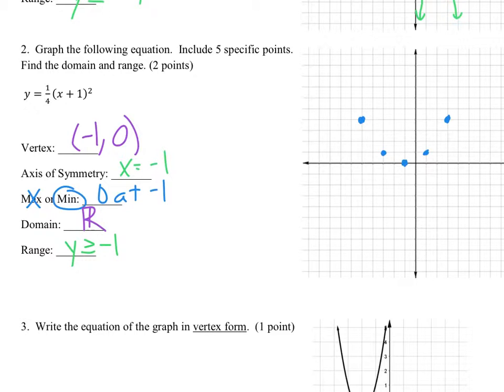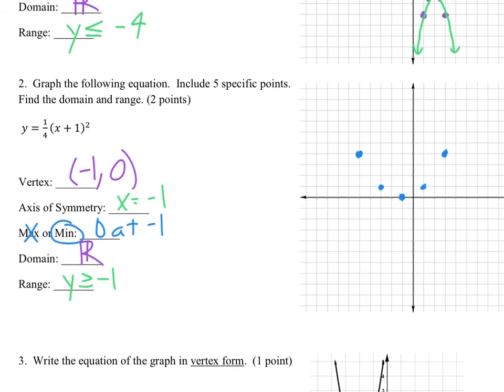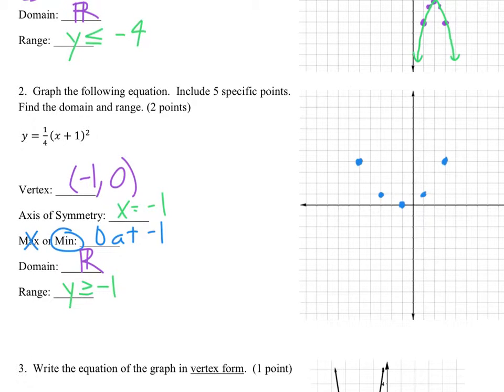Let's see, if I went out 6, just to be curious here, that'd be 36, multiply by 1/4, we get 9. So actually I am still on the grid there. So maybe I'll just do that anyway. For some reason it doesn't want to write right there.